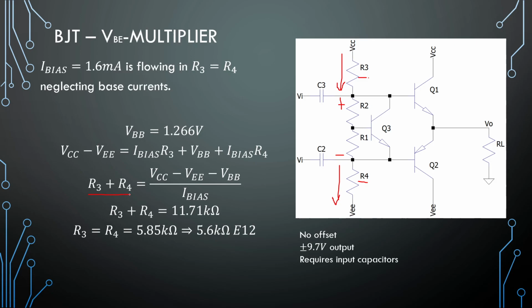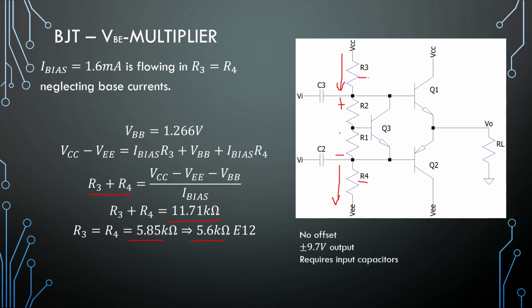So R3 plus R4 is VCC minus VEE minus VBB over our bias, and we get 11.71 kilo ohms, 5.85K, 5.6 kilo ohms for our bias resistor right here. Right, and that is the entire design complete.